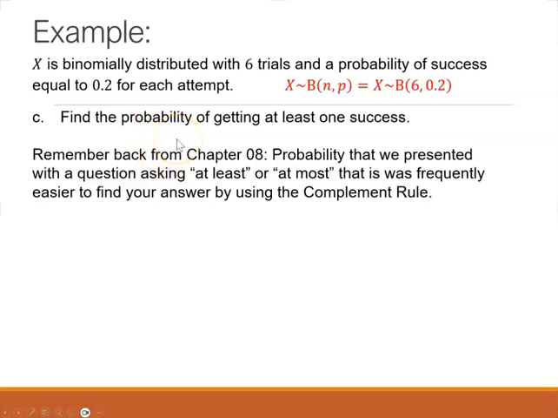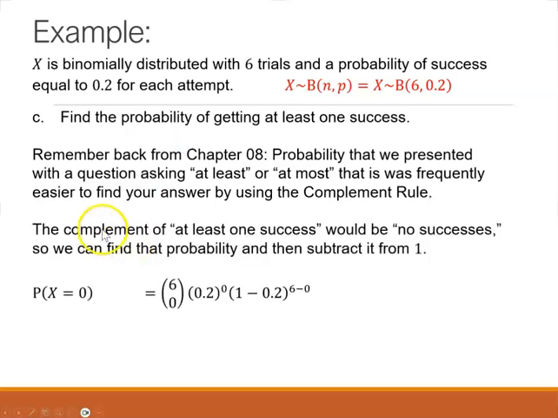Oftentimes I'm going to be using that same trick here. So at least 1 is greater than or equal to 1. So if I wanted to do this directly, I'd have to find P of X equals 1 plus P of X equals 2 plus P of X equals 3 plus P of X equals 4 plus P of X equals 5 plus P of X equals 6.